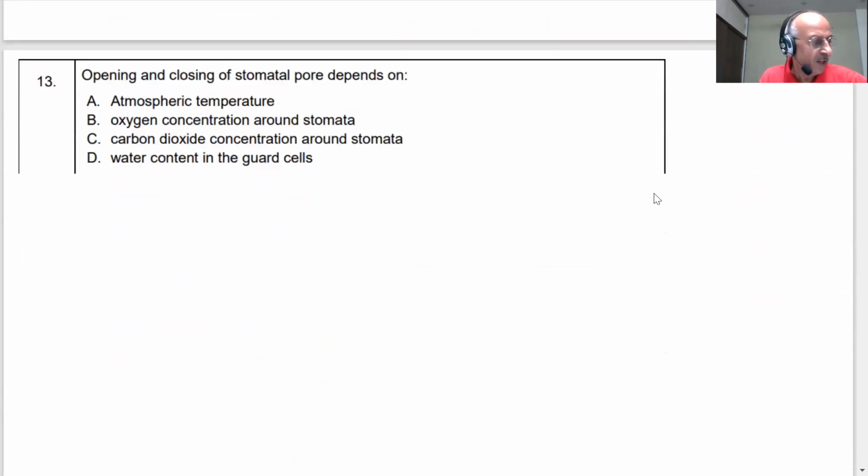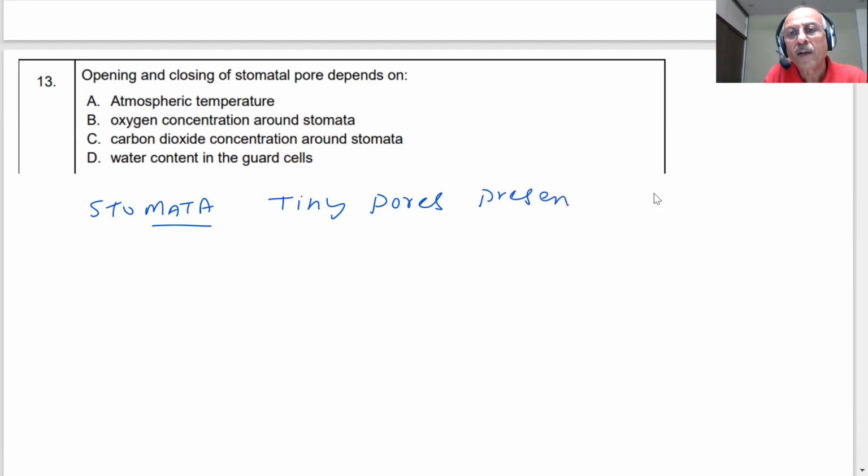What it says, students. Question number 13, opening and closing of stomata pore depends on. Where are the stomata? What are stomata, student? The stomata are tiny pores. You know they are tiny pores, student, present in the surface of leaves.